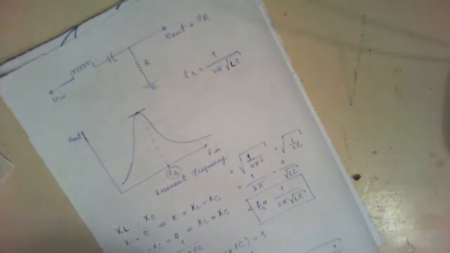Now, let's do a couple of examples using this in order to understand it better. And I think I'm going to put together a quick circuit to show you where this peak is actually appearing.